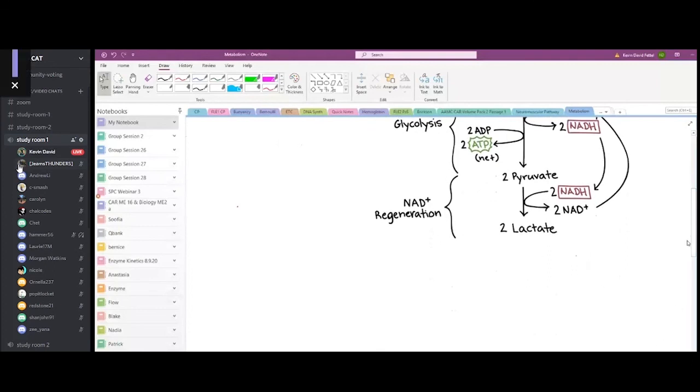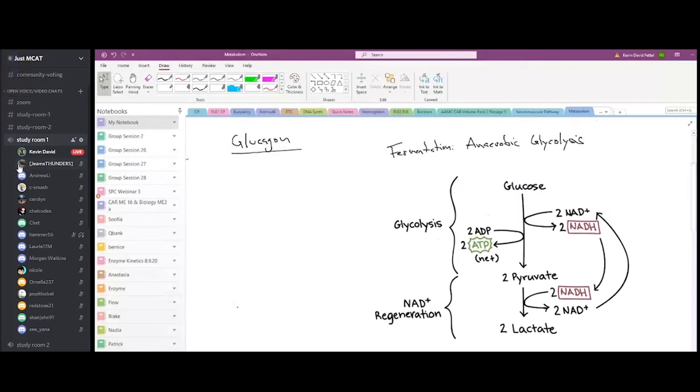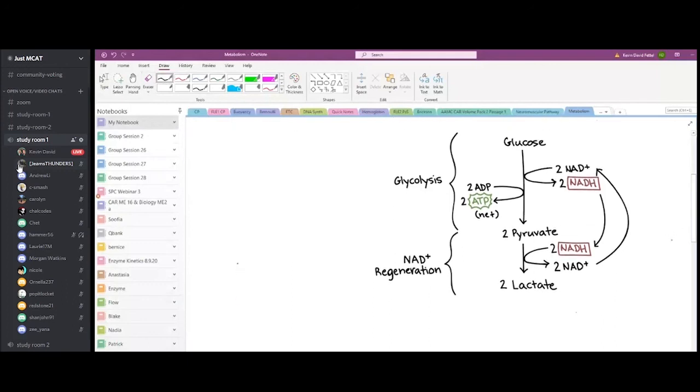So this metabolism is for mammals typically, or eukaryotes in general. I guess yeast could be considered eukaryote, although it does have kind of bacterial-like attributes. But if you think about yeast, let's talk about yeast for a sec.